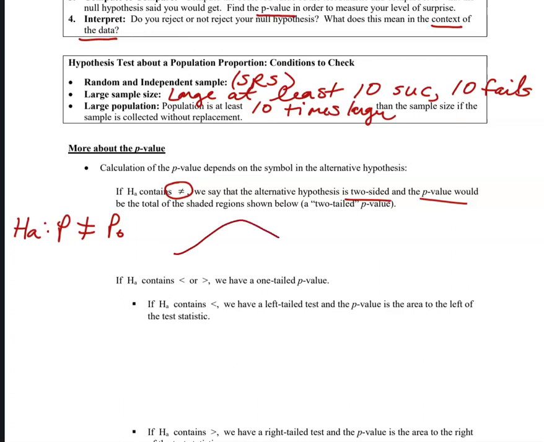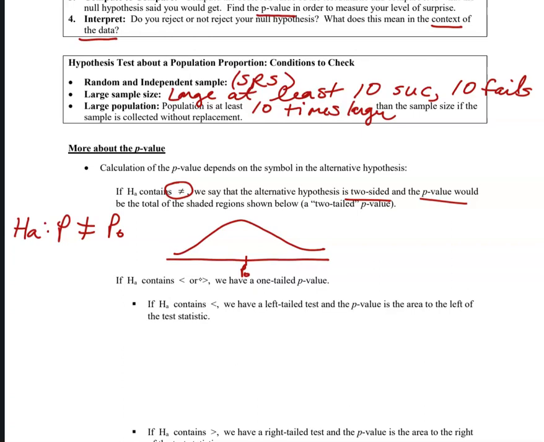Let me give you a little picture here. If this is your graph, p-naught would go right in the middle. That's what you expect to happen. And then you would have a p-hat value, and it could be on either side. It could either be higher or lower than what you expected.